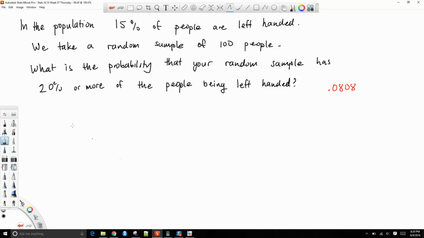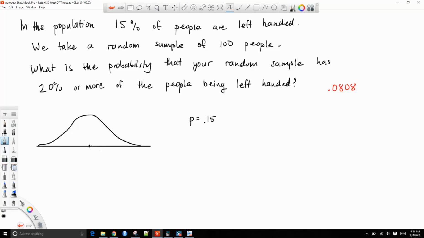All right, let's start off by drawing a little picture here. Let's figure out what our p is, because that's going to go in the middle. So what is our population proportion? 0.15, right?